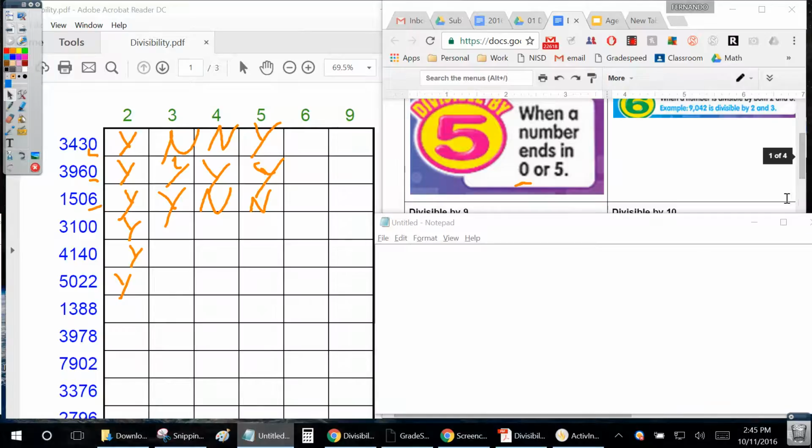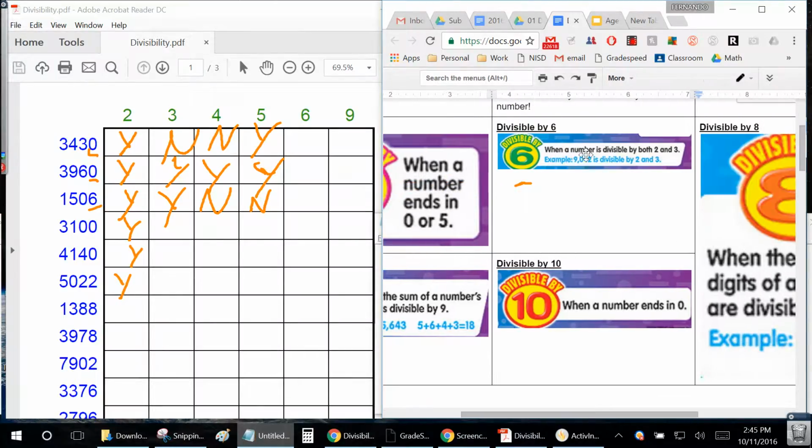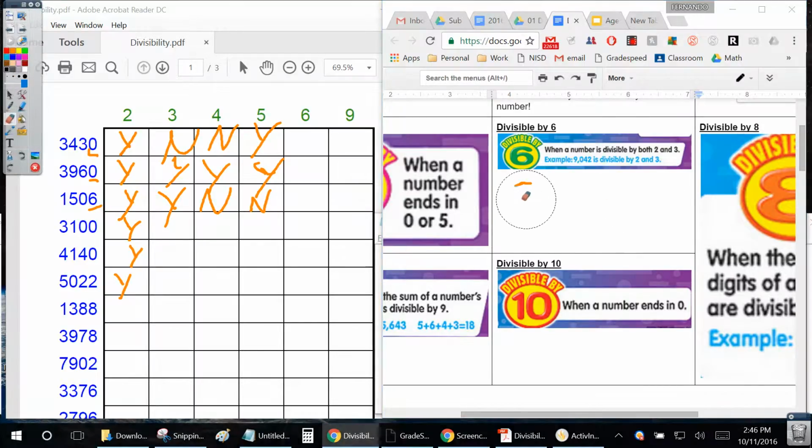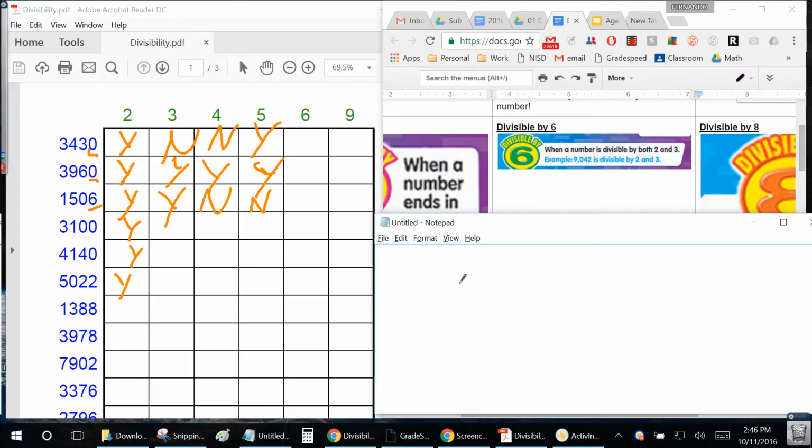Next one. For some reason, this one's the trickiest one for students, but to me, it's very easy. It says here, when a number is divisible by both 2 and 3, then you can divide by 6. Don't let that get to you. Basically, you look for this one to be yes, and this one to be yes.